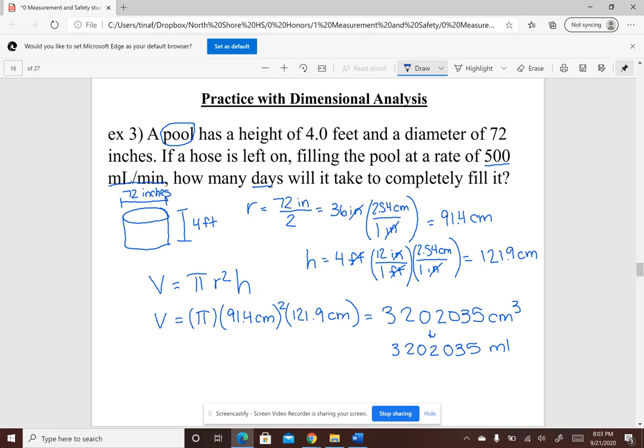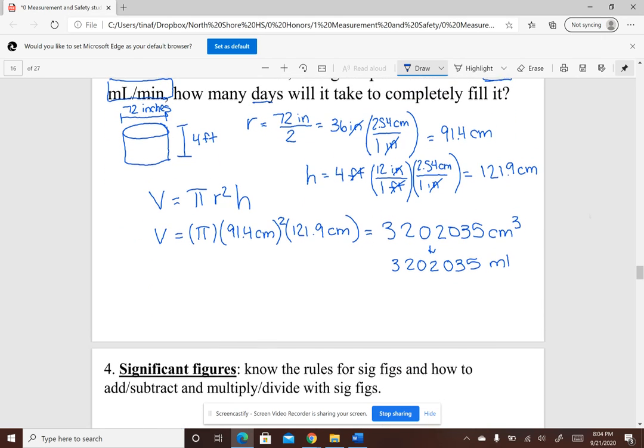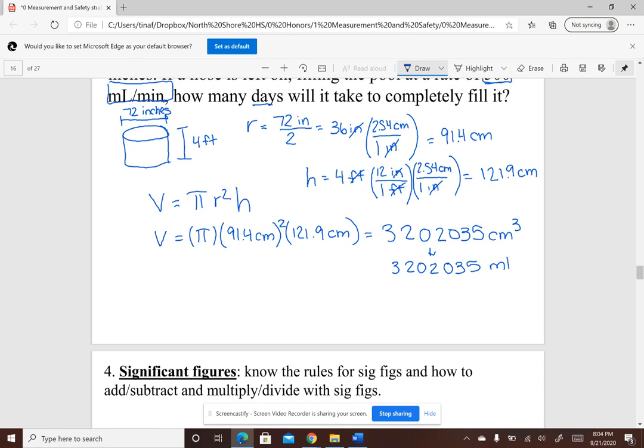So why is it useful to convert it to milliliters? Like we looked at before, the rate is that it takes 1 minute to fill 500 milliliters of the pool. So in the rate conversion, they're giving us milliliters. Okay, so let's go from here. I'm going to start with what I'm given, which is how many milliliters total are in the swimming pool.